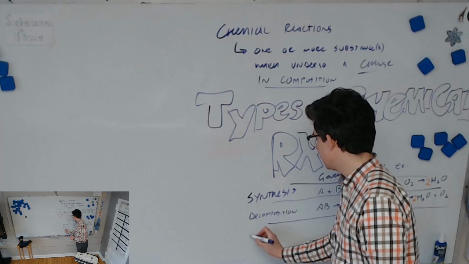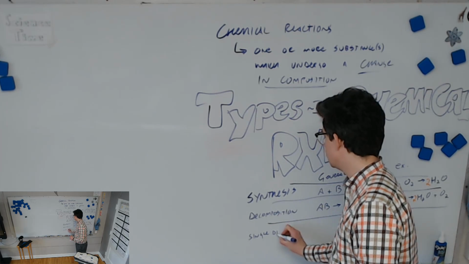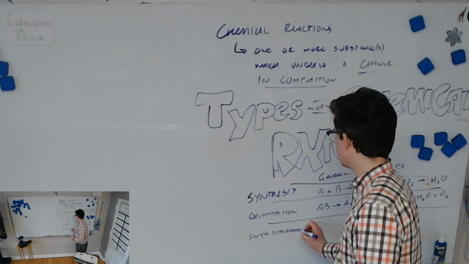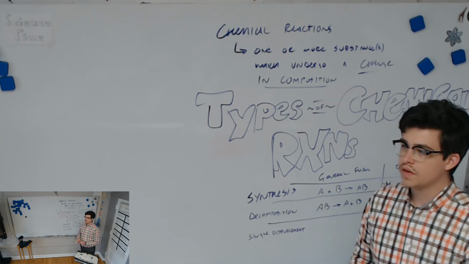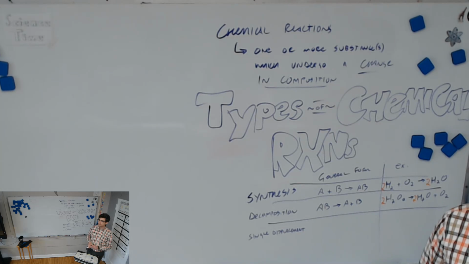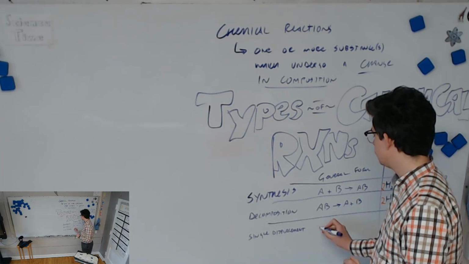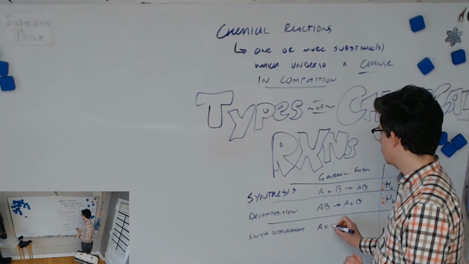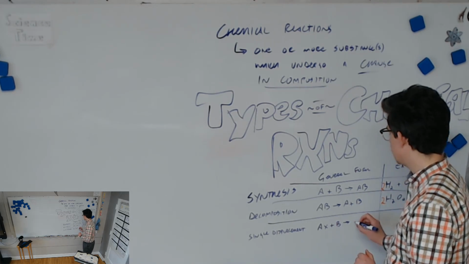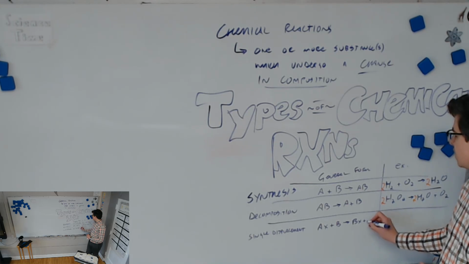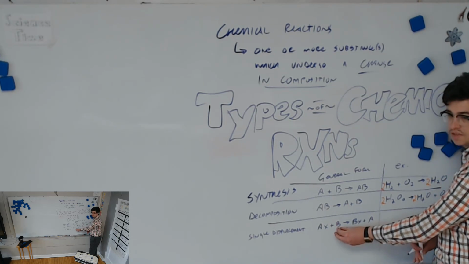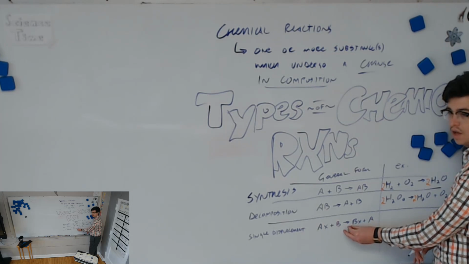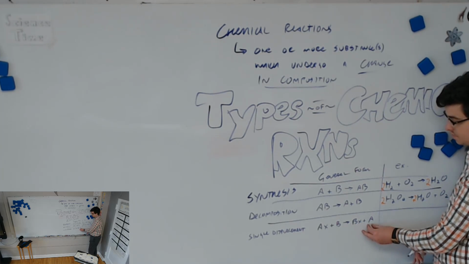Your book then talks about single displacement. This one, the example is kind of like, that's for double displacement. This is where we have, let's put it like this, AX plus B yields BX plus A. Some compound combines with some single thing to produce a different single thing in a different compound.